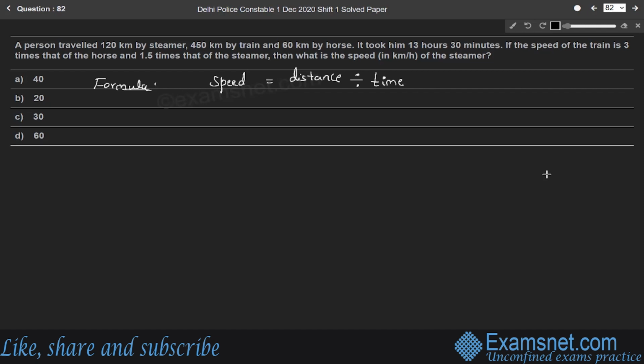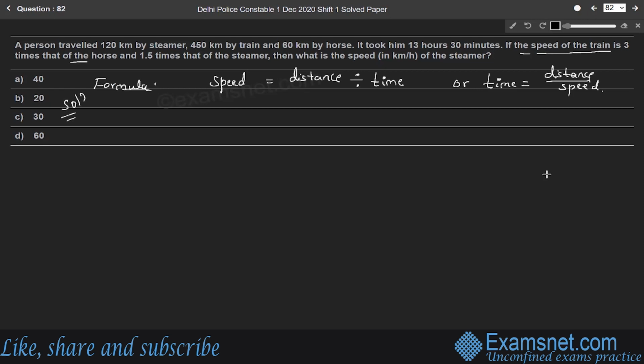So time is equal to distance by speed, right? So in the question, the speed of the train is 3 times that of the horse. Now come to the solution part.